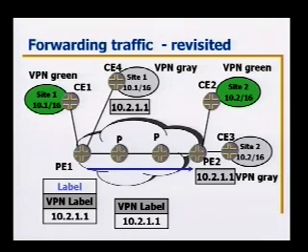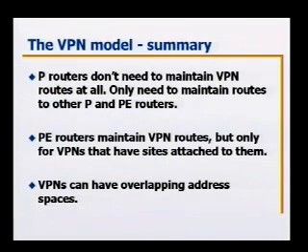But since I have MPLS in the provider network, I also have the opportunity to take advantage of all kinds of MPLS features that are available, such as link protection, fast reroute, and standby path, to give the customer more resiliency. So let's see what the model is so far.